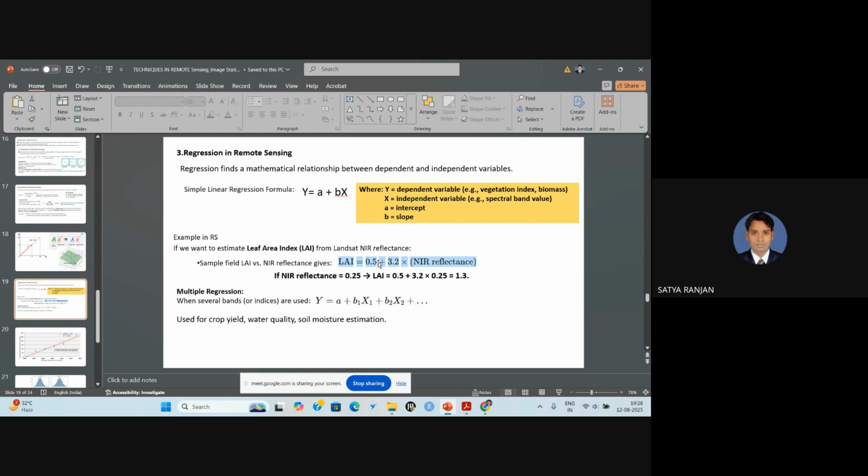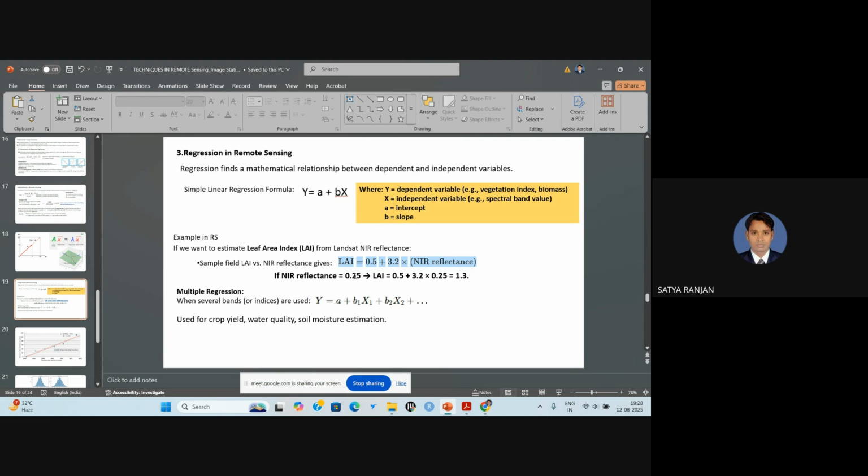This is the formula for leaf area index calculation. If near infrared reflectance is 0.25, then leaf area index is 0.5 plus 3.2 into 0.25, equal to 1.3. So this is the value of leaf area index. This is the regression model, and it is one pixel's information.